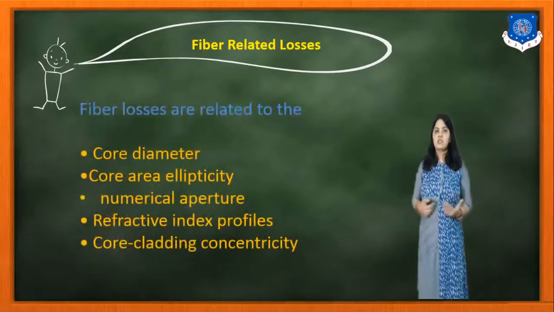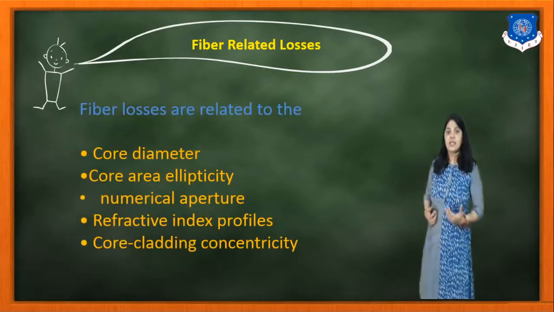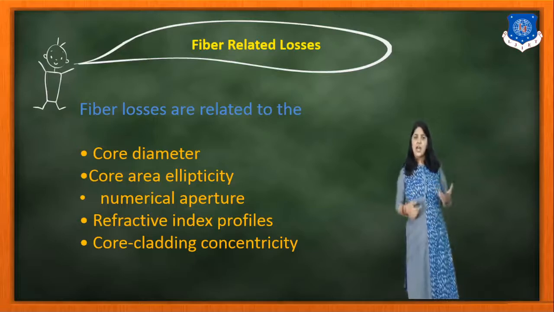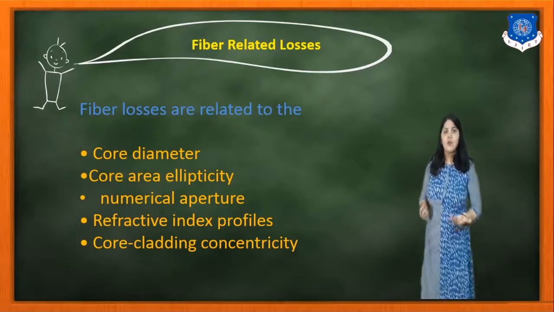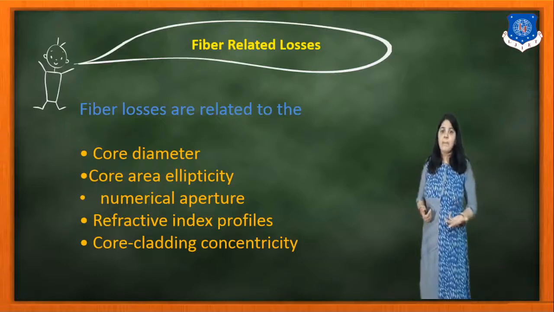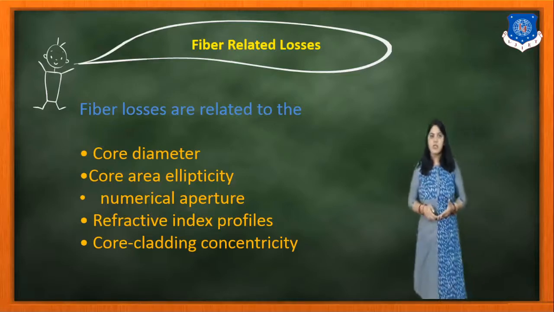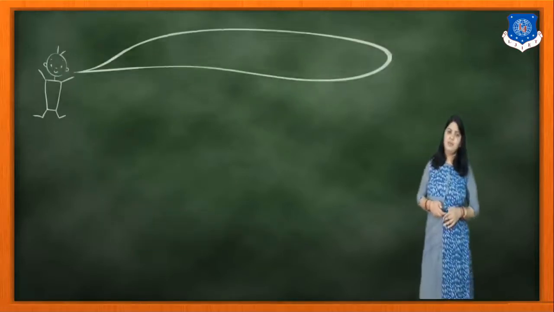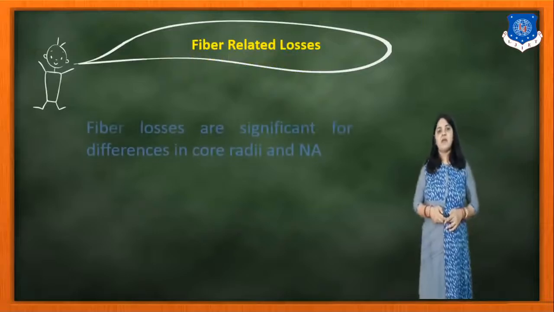So these losses are related to what? Core diameter sometimes varies, core area ellipticity, numerical aperture, refractive index profile, core cladding concentricity. So due to this, the fiber losses may arise.